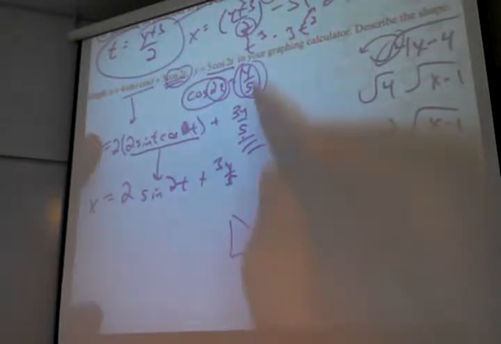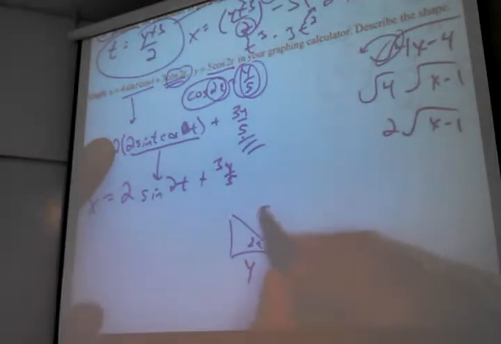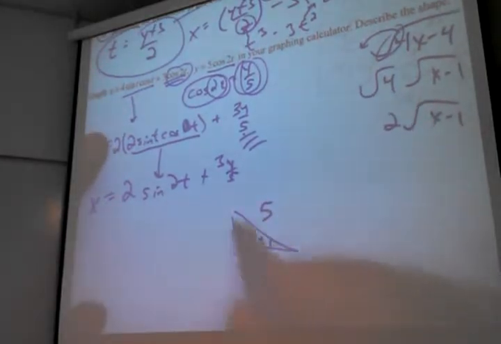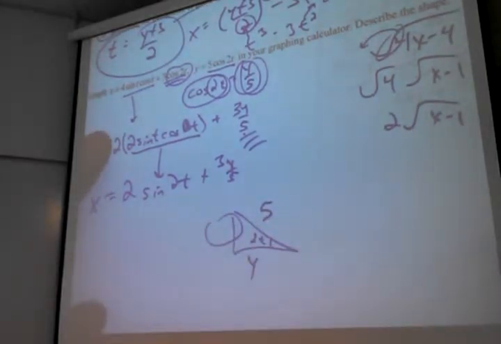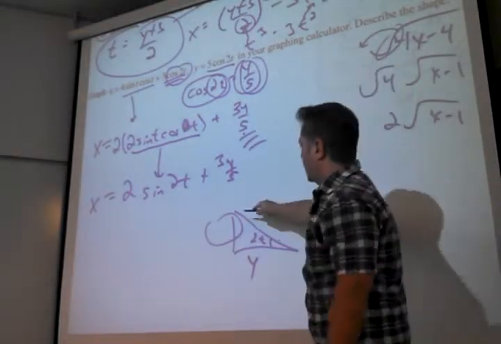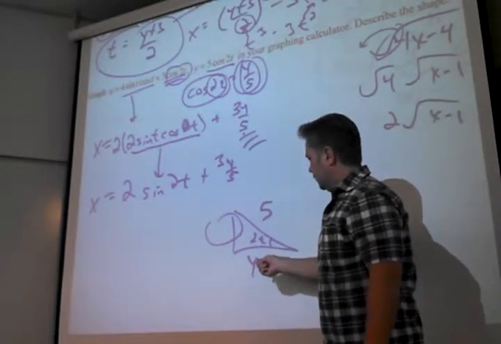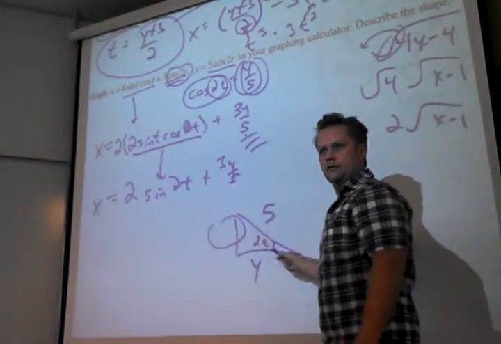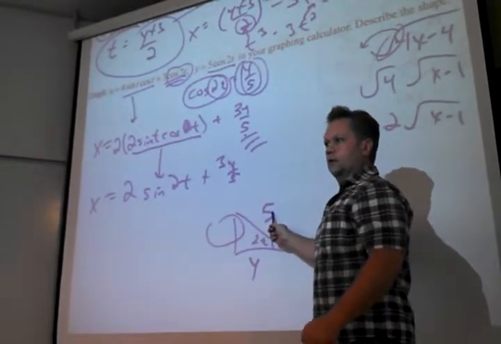Here I'm going to draw a triangle. Cosine of 2t is y over 5. So I have to figure out this side here. You just have to let go of the fact that this is like the y side. Cosine of 2t is y over 5, cosine is this side over the hypotenuse.